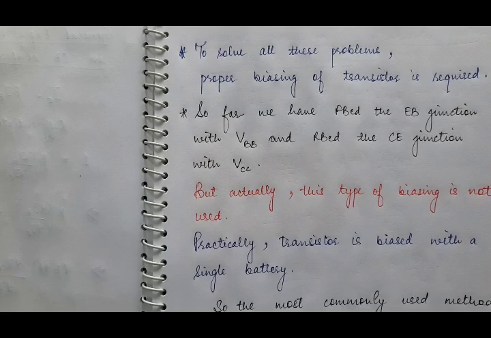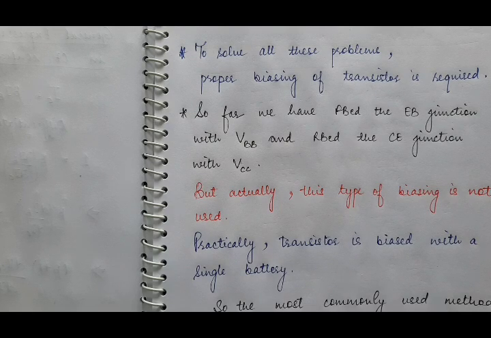Now to solve all these problems, the problem of shifting of operating point of the transistor, thermal runaway of the transistor, and faithful amplification in case of a transistor, what we need is the proper biasing of the transistor.